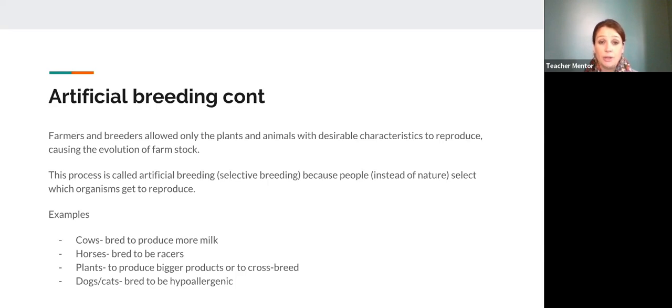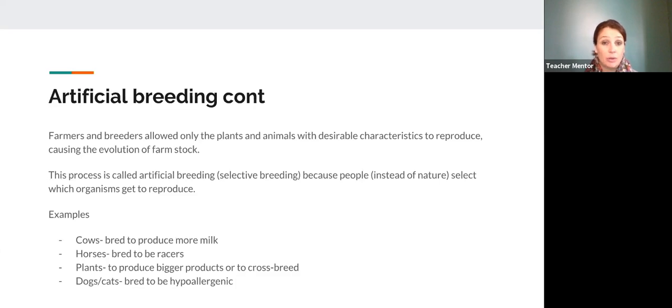Farmers and breeders allow this process to occur. They are going to take only the plants and animals with the desirable characteristics to reproduce. It's kind of causing an evolution of farm stock and ranch animals. So here we have artificial breeding, because the people, instead of nature, select which organisms are going to reproduce.